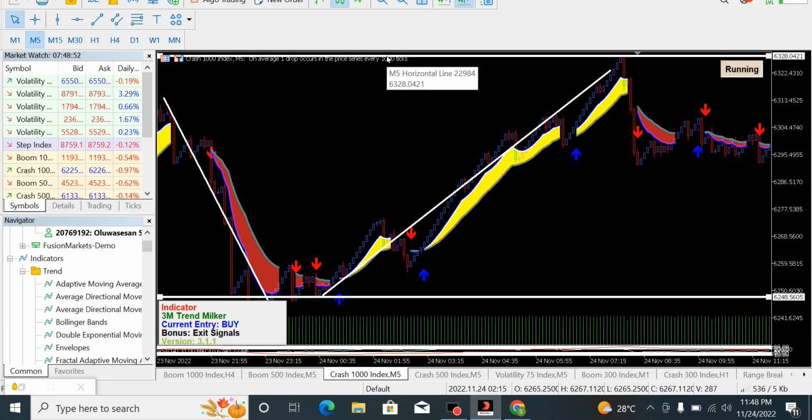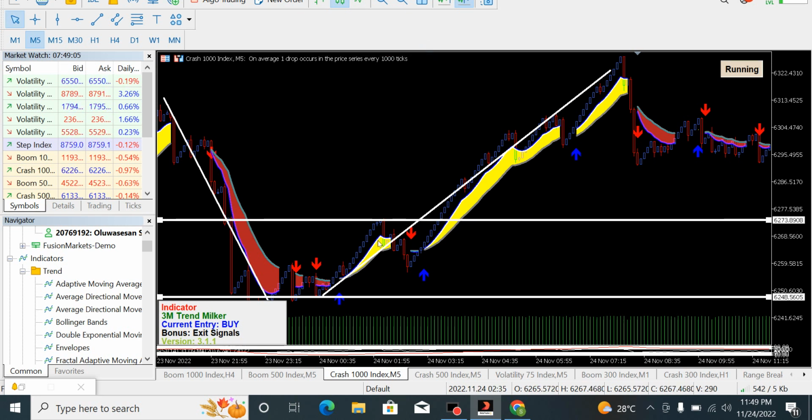But a support zone can also be converted into a resistance zone, while a resistance zone can also be converted into a support zone. I'm going to cite an example. For instance, here is a resistance zone. While the market was going up, it was unable to break out from there, so it saw a resistance zone and came down.